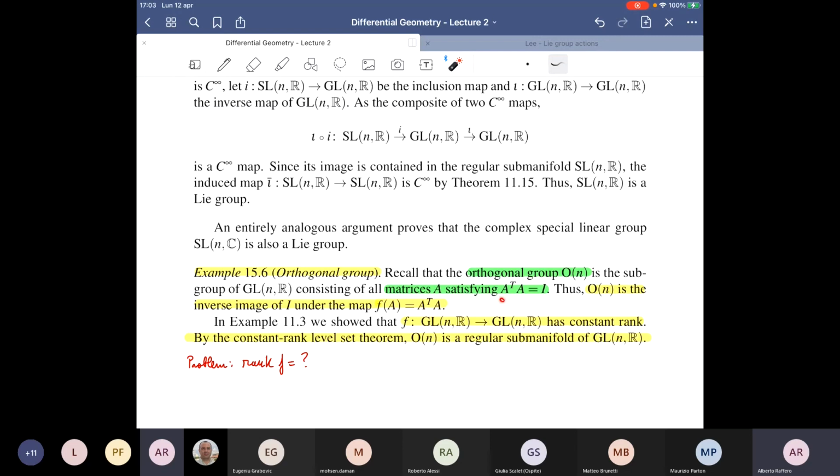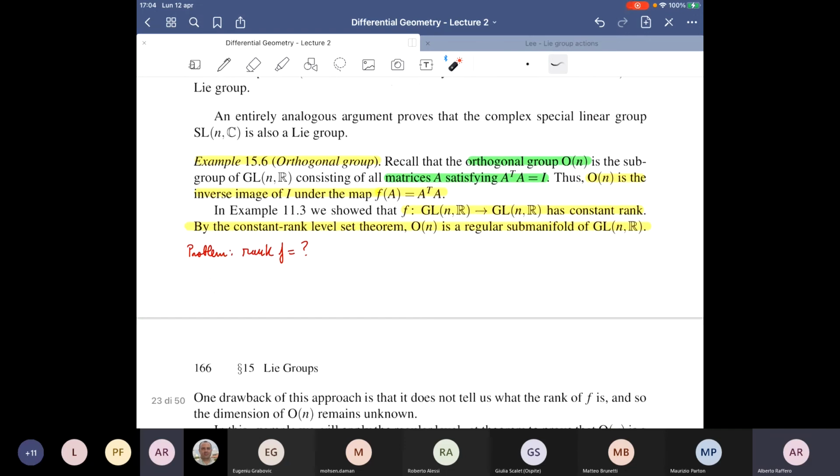And so in particular, as this identity holds for every matrix in O(n) by definition, you can say that O(n) is the inverse image of the identity matrix under the map sending a matrix to the product of its transpose by itself.